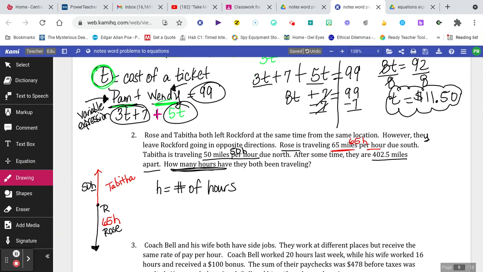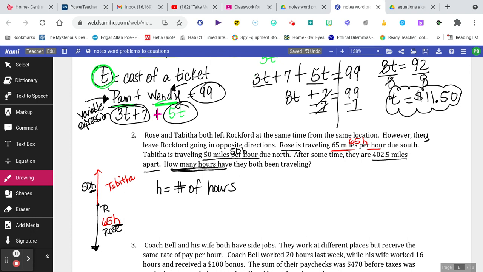So if she traveled 1 hour, it was 50 miles. 2 hours, 100. 3 hours, 150. All right, so if Rose traveled 1 hour, 65 miles. If she traveled 2 hours, it was 65 times 2, which is 130. So you should get the gist of it. You multiply the speed by the number of hours, and it'll give you the distance that each person has traveled.